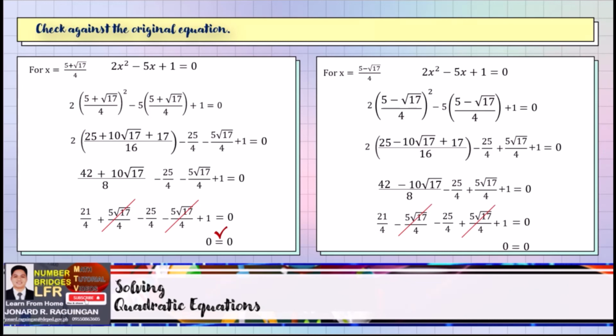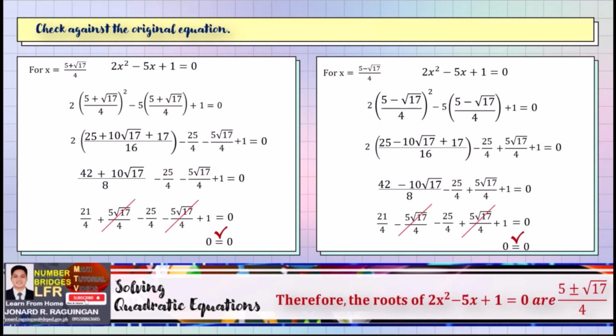That means that the value of x, which is equal to 5 minus the square root of 17 all over 4, is a solution of the quadratic equation. We can say that the roots of 2x squared minus 5x plus 1 is equal to 0 are 5 plus minus the square root of 17 all over 4.